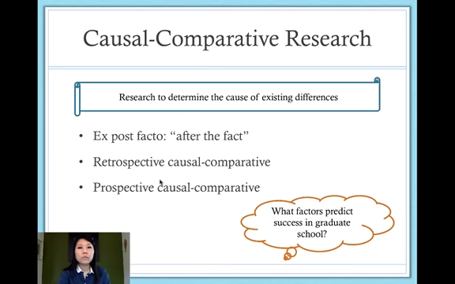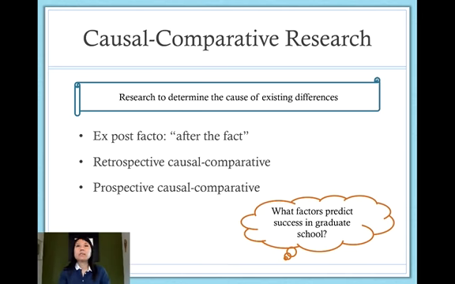If you wanted to do a retrospective causal comparative study, you would look at the outcome first, or the effect first, which in this case is success in graduate school, and you would go back retrospectively to see if another factor contributed to that effect.